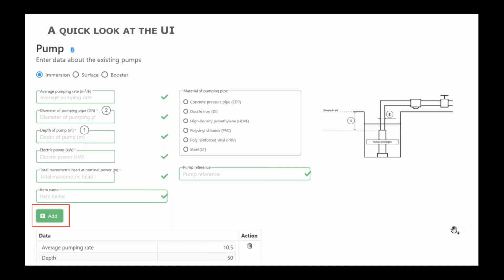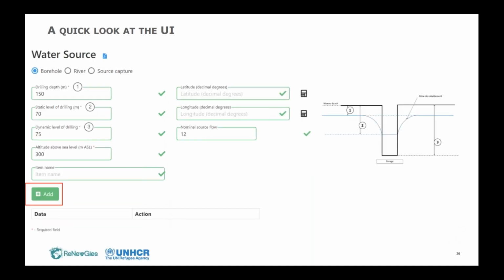The next slide will be a view of the water source view, in which the user will be able to enter data about the water sources: boreholes, rivers, source captures, etc. The key data will be the drilling depths, the water levels, static and dynamic, and the nominal source flow. Again, same as with the pumps, we can add as many as necessary.